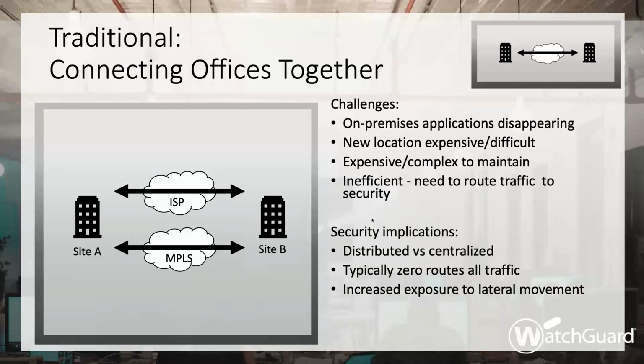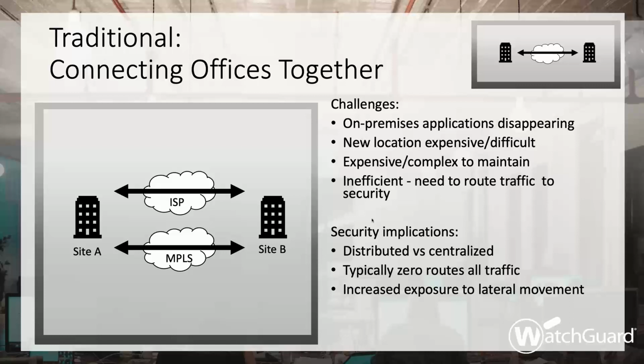So it's very inefficient. When I think about the security implications, you do have to make decisions about how I'm going to deploy my security. Am I going to do it in a centralized manner, which is inefficient from a traffic perspective, or am I going to do it in a distributed manner? I can put my security out at each of the sites, but then that adds complexity and cost.